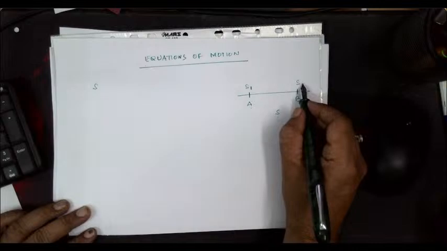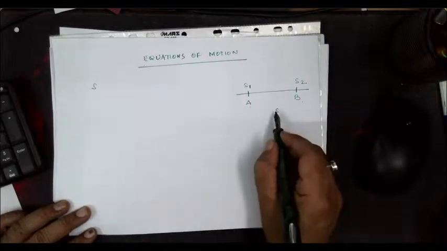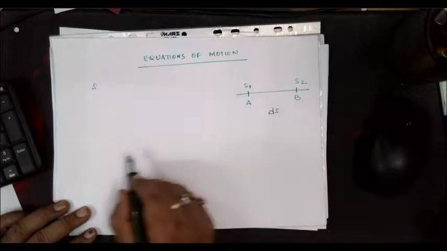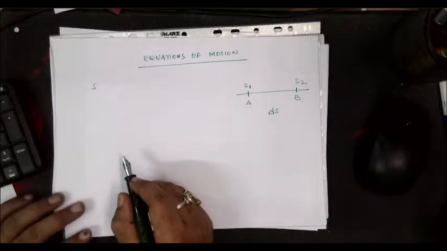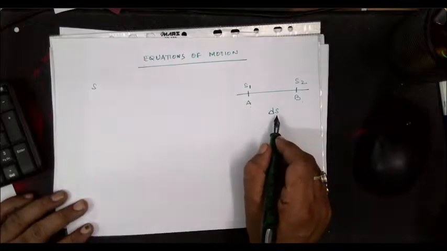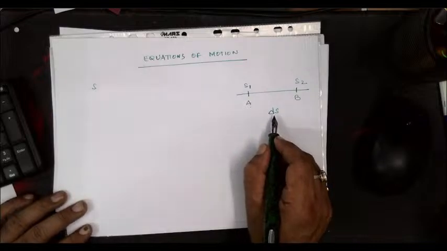These are the positions. So the infinitesimally small difference is called displacement, that is instantaneous displacement, that is ds.